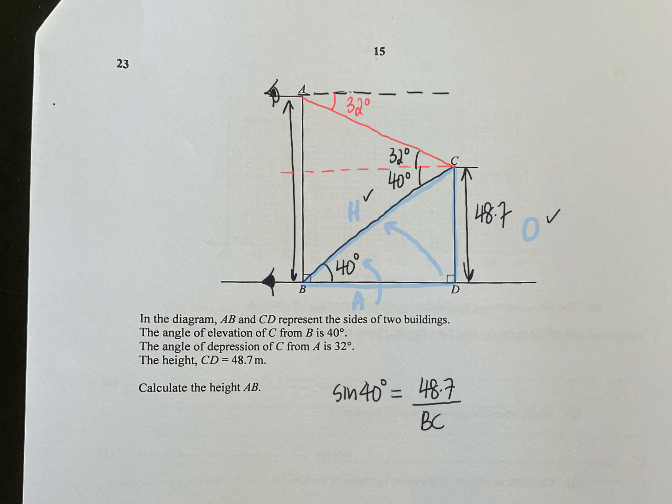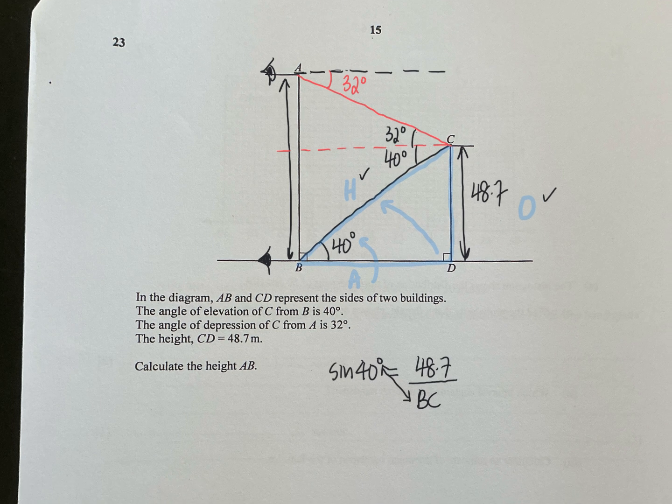Also can work. So I cross multiply, or rather I swap their position. So you will get sine 40. Okay? So BC is this length. You can choose to calculate first or calculate later, up to you. BC.